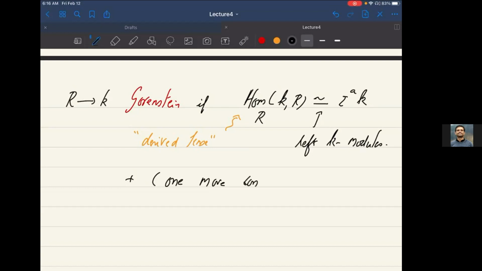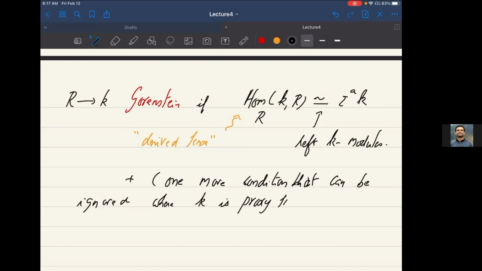It can be ignored in the sense that it is satisfied automatically when K is proxy small as an R module.